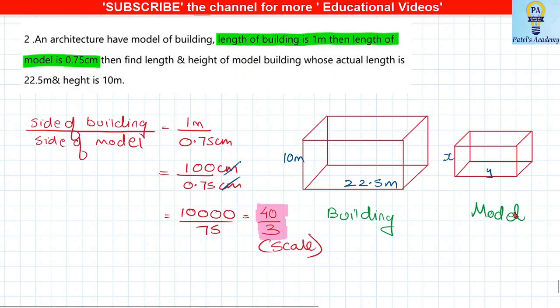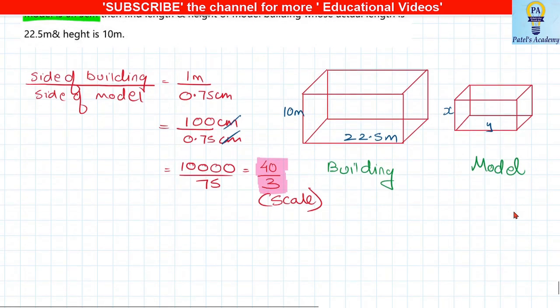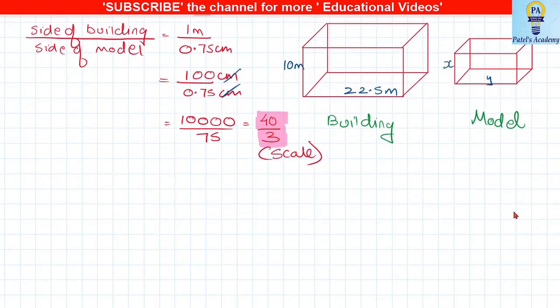Now let's do the calculations. I've given the values in the figure. Now see what I'm writing. The length L, capital L, means the length of the building, upon y, equal to height upon x, equals 40 upon 3. Understand this very properly.